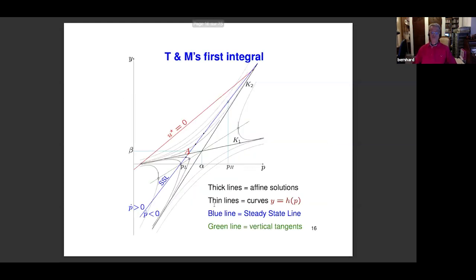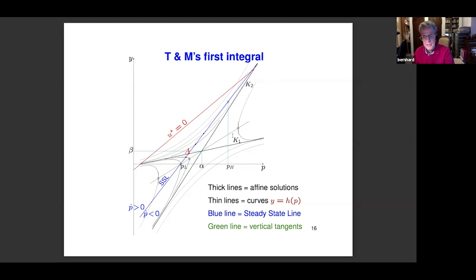So this is the drawing. Excuse me, it's a bit messy, but okay. This is the p-axis. P is the state. This is the y-axis. Y is the costate or w prime, the derivative of the value function. The red line is the line which limits the u positive.